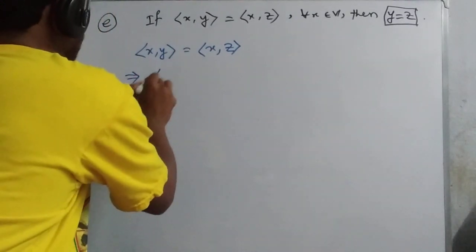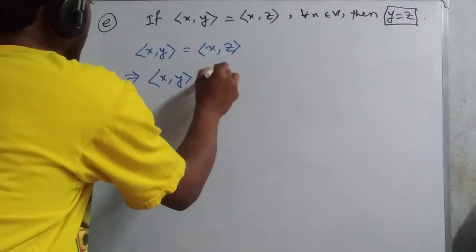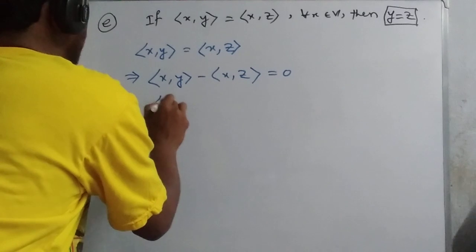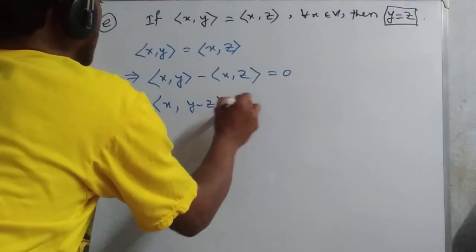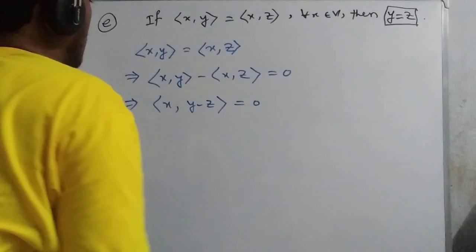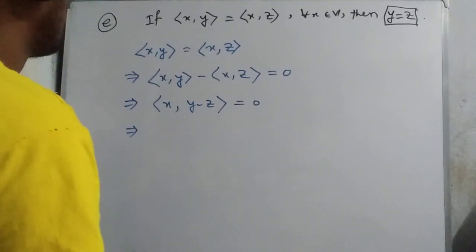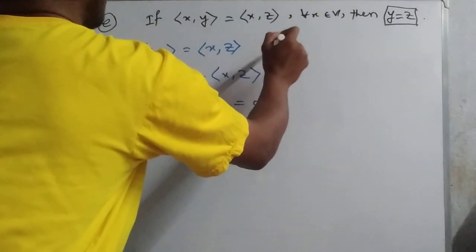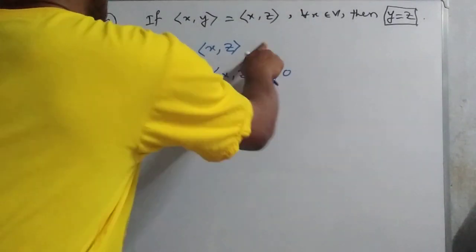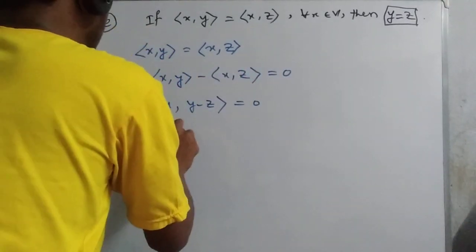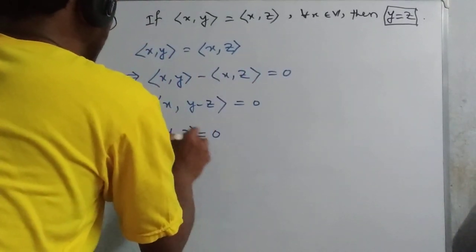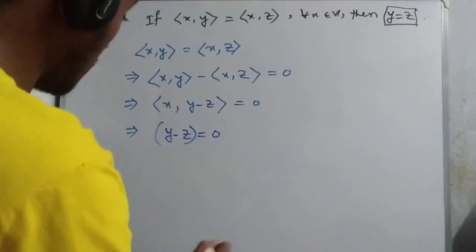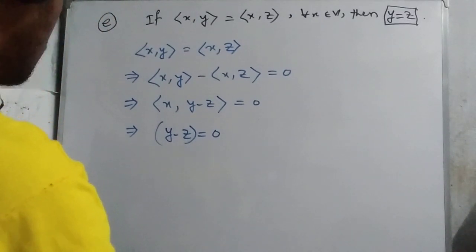This implies <x, y> minus <x, z> equals 0. This implies <x, y minus z> equals 0. That means, for all x belonging to V, x is not changeable. Then y minus z equals 0. If x is 0, then this is possible; if y minus z is 0, then this is possible.